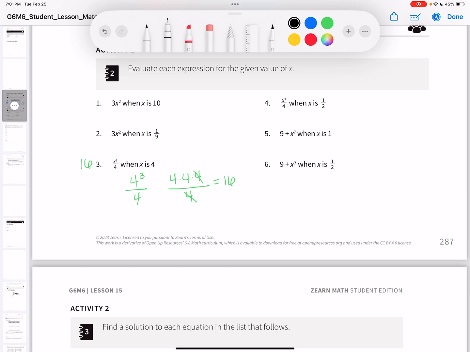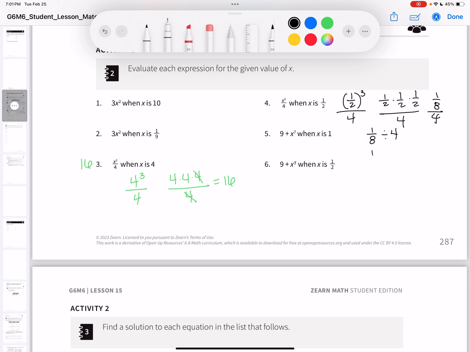Let's go to number 4. X to the third over 4 when x is 1/2. So we have 1/2 cubed over 4. So this is really 1/2 times 1/2 times 1/2 over 4. Well, 2 times 2 is 4. 4 times 2 is 8. So we have 1/8 over 4. And really, we can write that 1/8 divided by 4.